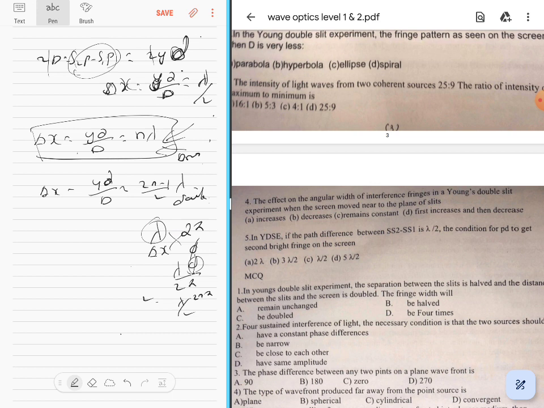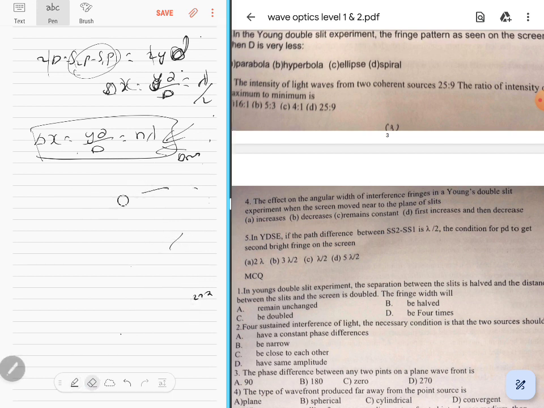So the condition for the maxima itself would change. It will not be n lambda according to me. So you will end up getting lambda by 2, which is 2n minus 1 by 2. N is equal to, you put 1, you get 1 by 2 into lambda into capital D by small d. I think that should be the answer for this, because the path difference is already lambda by 2.